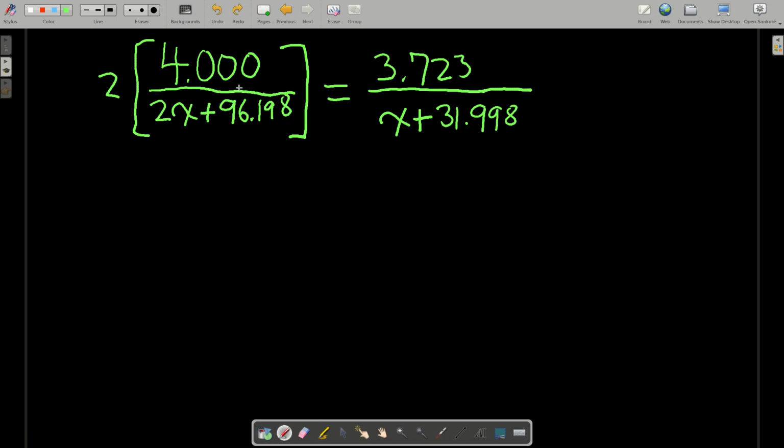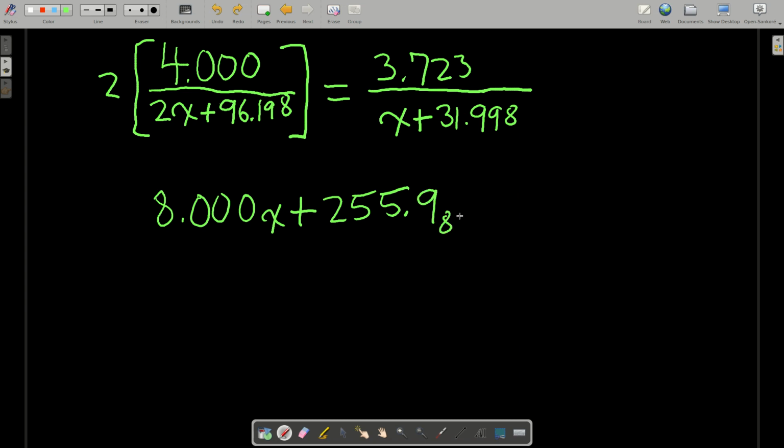So if we multiply through by 2 and cross multiply, we get 8.00x, I multiplied the 2 times the 4, cross multiplied. 8 times x plus 8 times 31.998. 8 times 31.998 is 255.984.